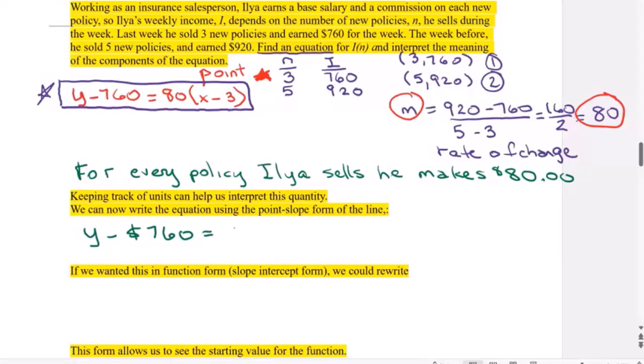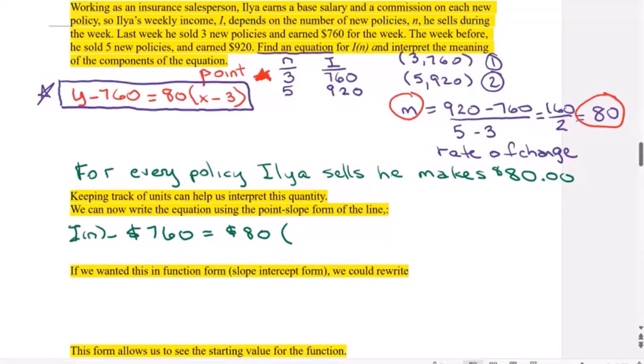That equals $80 times, and instead of x here, what we're going to do is use, actually, this should not be y. This should be I of n. That's the income that he makes for some amount of policies.